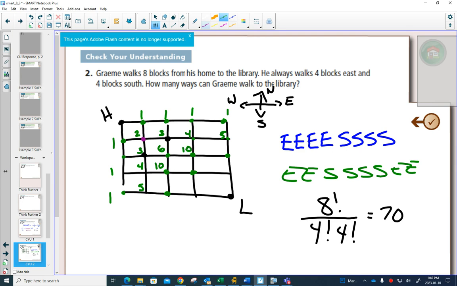Any guesses what this one might be? 15. And this one? 20. And this one? 15. And this one? 35. And this one? And this one? 7.